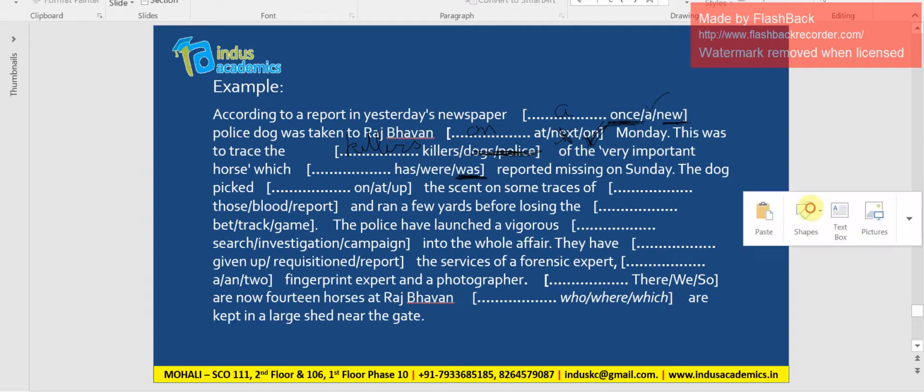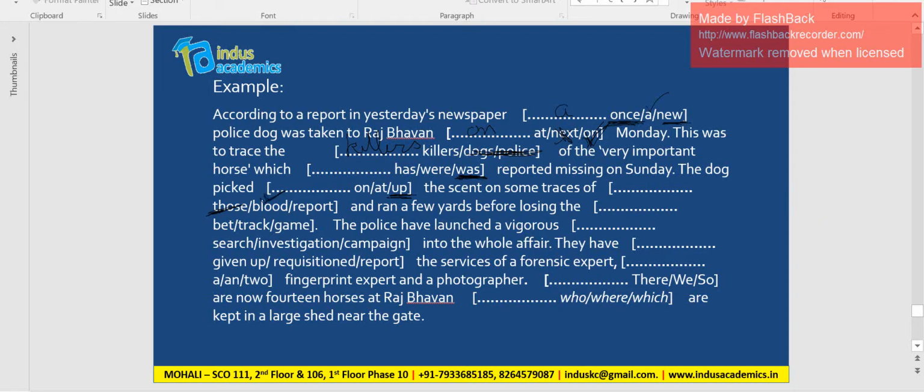The dog picked on the scent, at the scent, up the scent. Up is the correct word. The dog picked up the scent on some traces of those, some traces of blood, some traces of report. So some traces of those doesn't make sense. Some traces of blood, definitely, because that's what dogs do.